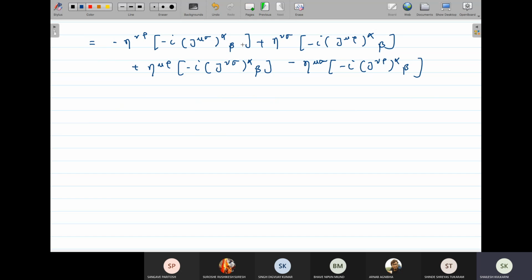So what you need to do, you have to subtract those and write it again in terms of generators.